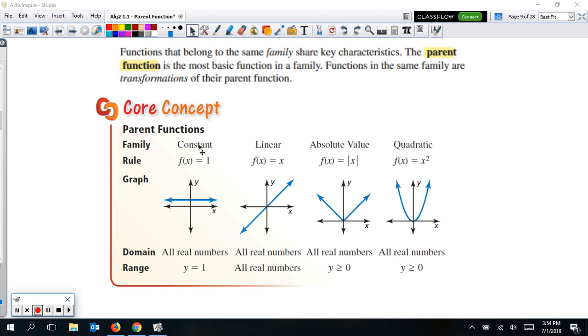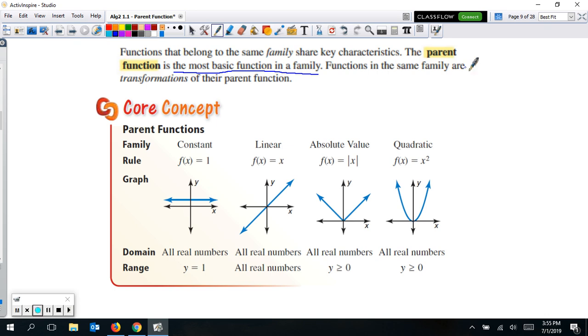Well, you have the constant family, the linear family, the absolute value family, the quadratic family. That's the family's name. The parent is the most basic one of the family, and that's going to be given to you as a rule or an equation. On page 4, where it's giving you the vocabulary, go ahead and write down this part right here, that it's the most basic function in the family.